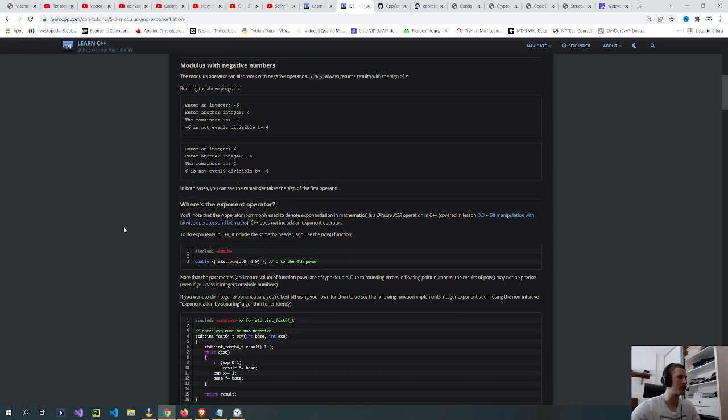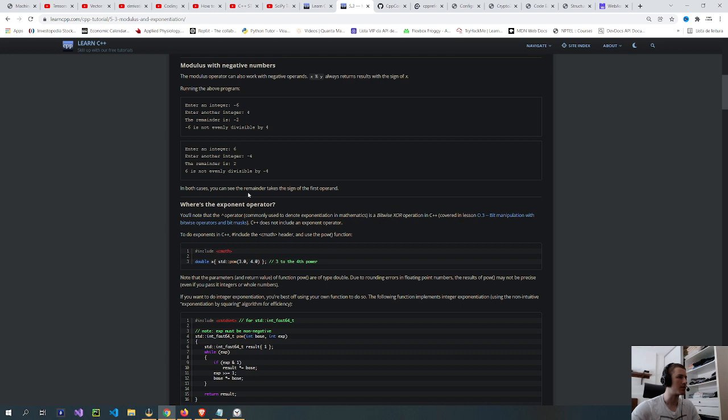Modulus with negative numbers. The modulus operator can also work with negative operands. It always returns results with the sign of x. When running the above program, -6 and 4, the remainder is -2. 6 is not evenly divisible by 4.